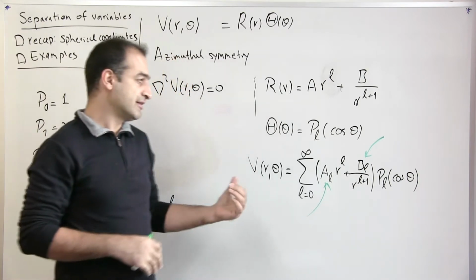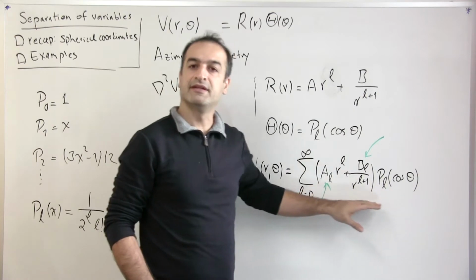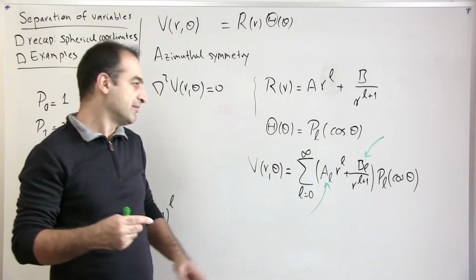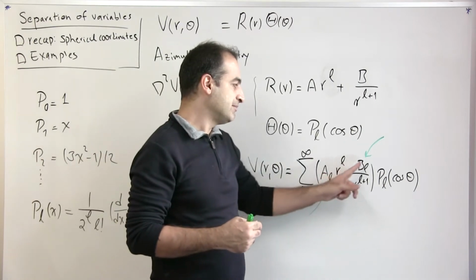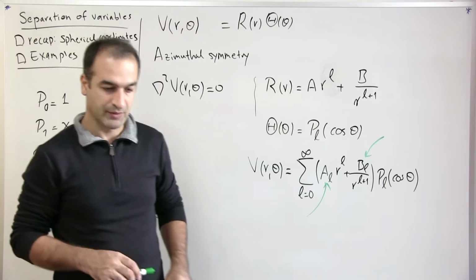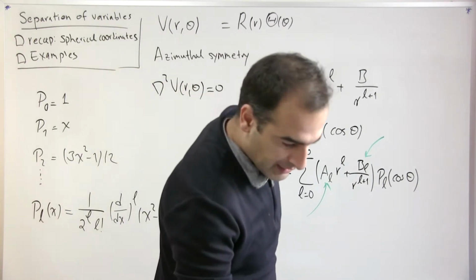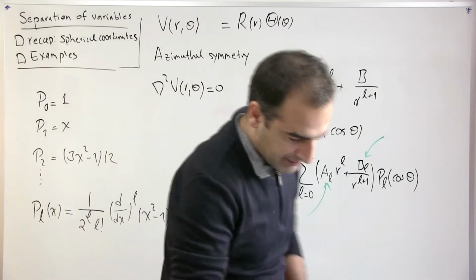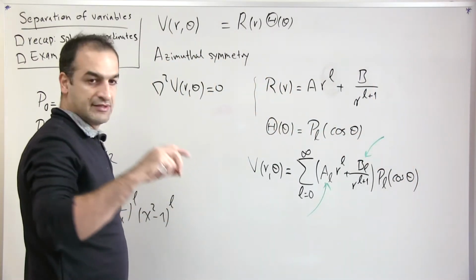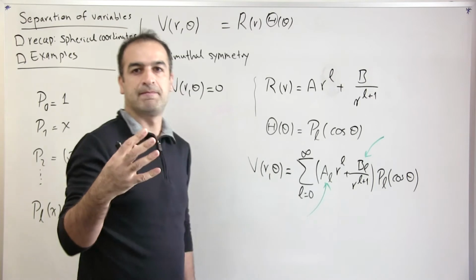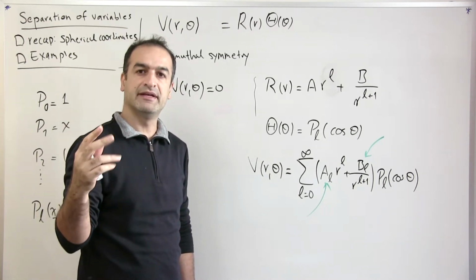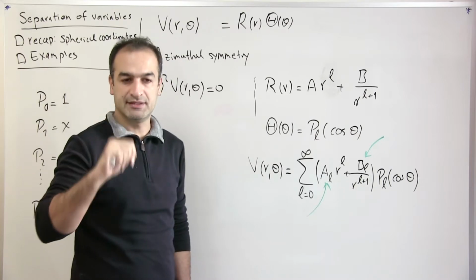Choosing them means we need to fit and meet the boundary conditions. The general solution, the way it is, definitely satisfies Laplace's equation. So the rest of the problem is only finding the A_L and B_L values to fit and meet the boundary conditions. We did one example, where we had a sphere with the potential specified on its surface, and we wanted to look at the potential inside.